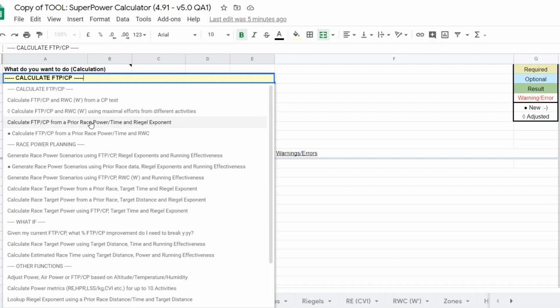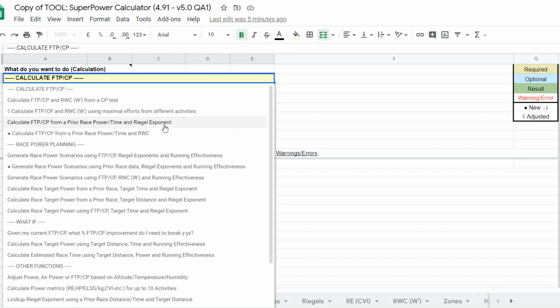You can take that half marathon power and duration plus a Riegel exponent, and it will estimate your FTP CP. It's not going to give you a reserve work capacity estimate. It's just going to give you your FTP CP from this calculator. So now, not only testing, but you also have racing.